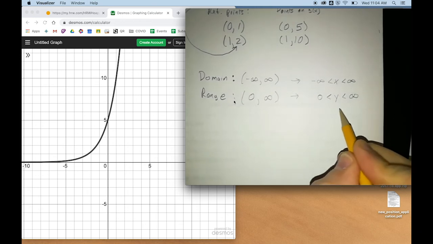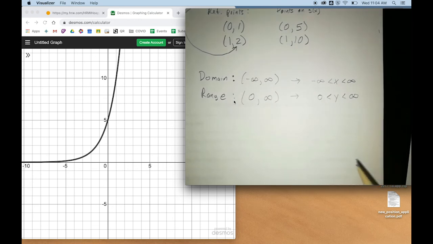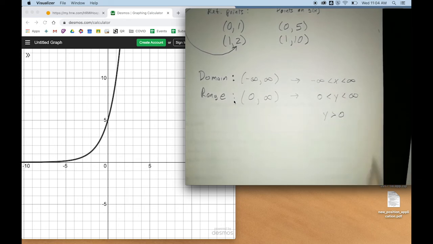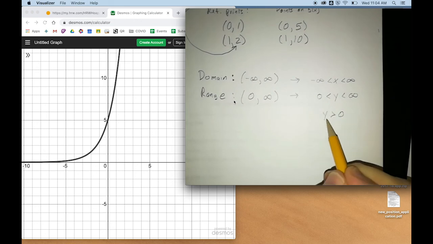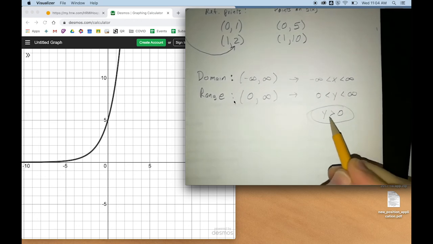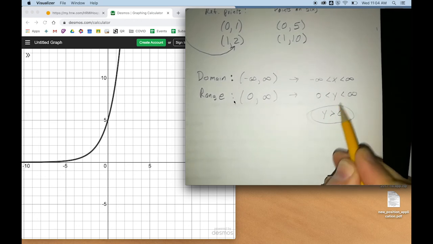However, there's a simpler way to write this. If you think about what y could be here, yeah, sure, it could be between 0 and infinity, but a simpler way to write this would actually just be y is greater than 0. Okay, if you think about it, this means y is greater than 0. That implies it could go to infinity. Okay, so I'll just warn you that the website prefers this simplified way of writing this.